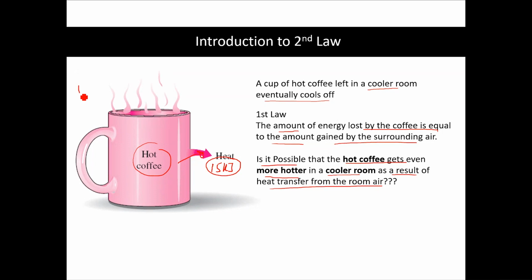That means, if the room has an extra 15 kilojoules of energy at a colder temperature, is it possible that the 15 kilojoules is extracted from the room, the hot cup of coffee gains 15 kilojoules of energy, and the temperature goes up? Is it possible?